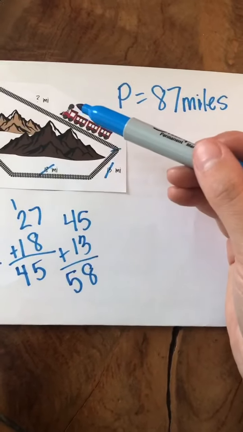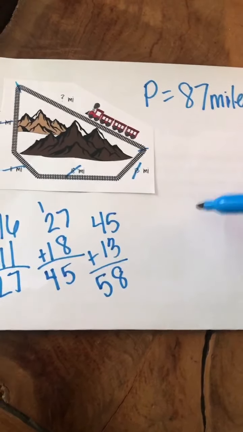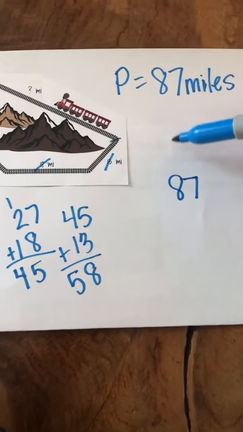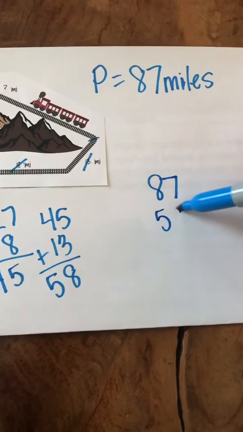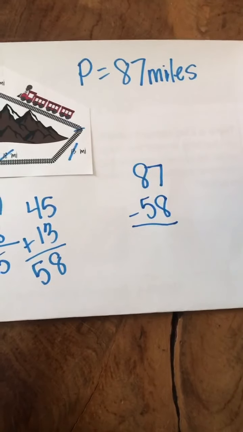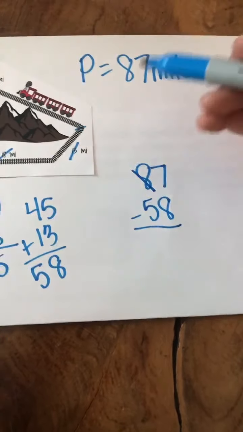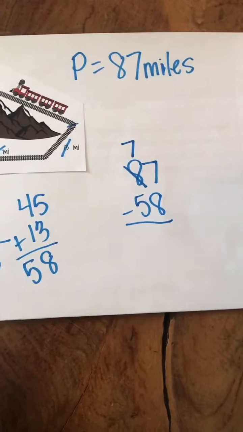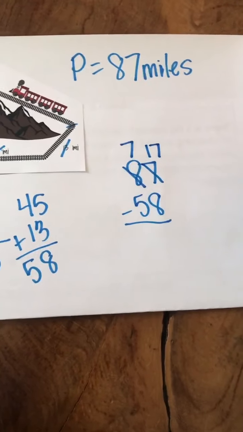But we still need to find the missing part, so we have to subtract from the whole thing. 87. I better not see anybody put their 58 on top. Okay, 58. Aw, man, I can't do it. All right, no big deal. Gonna go to the tens place. We're gonna use 1, so all we have left is 7 tens. That extra 10 stick that we just got, we're gonna put it over here, and that turns into 17.